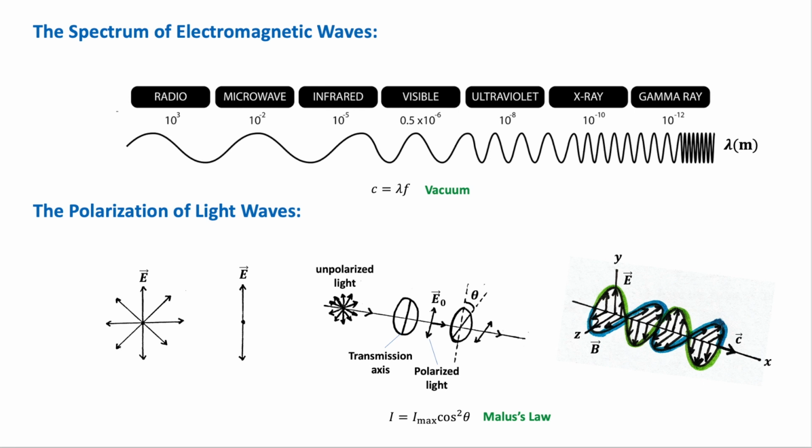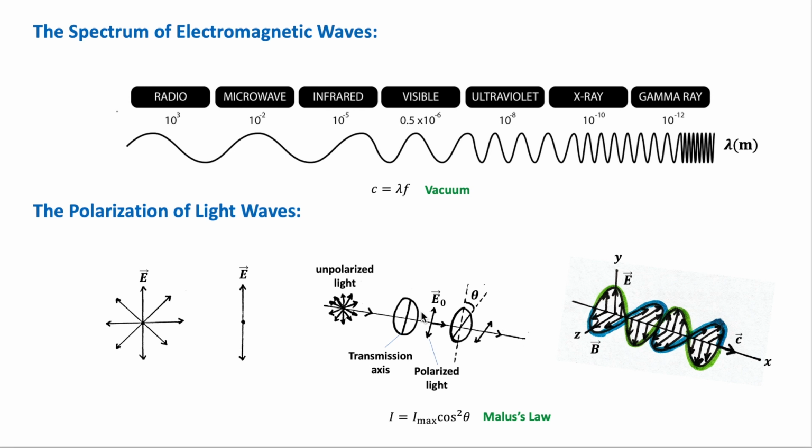So we will now find an expression for the intensity of the transmitted polarized light known as Malus's law. So as you can see here, an unpolarized light beam is first incident on a polarizing sheet known as the polarizer. Okay? So this is the polarizer, and the polarizer polarizes the incident light along its transmission axis. Okay? And the transmitted electric field vector is E naught.